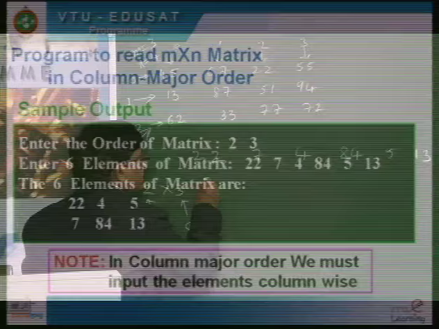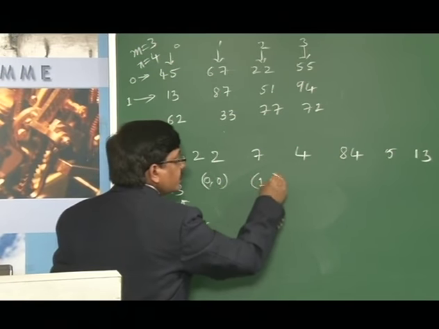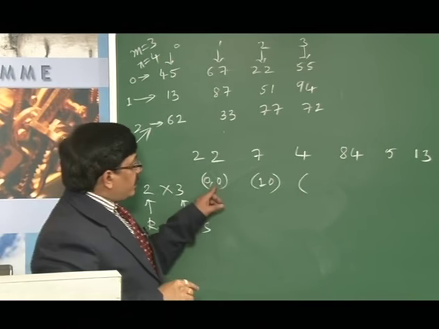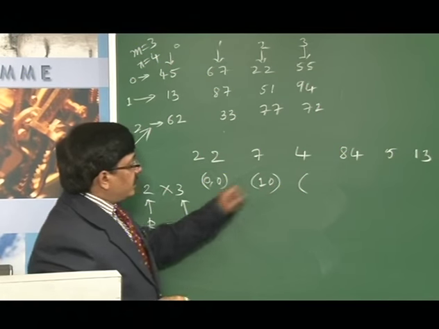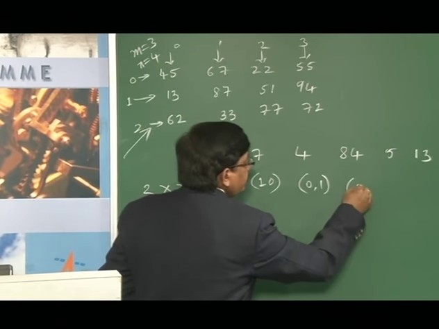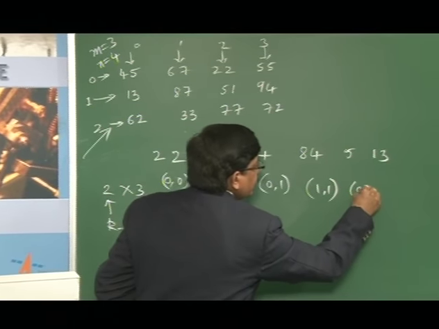This is the index of the 0th row and 0th column, and this is the index of the first row and 0th column. First I read the elements of the 0th column, next the elements of the first column, and then the elements of the second column.